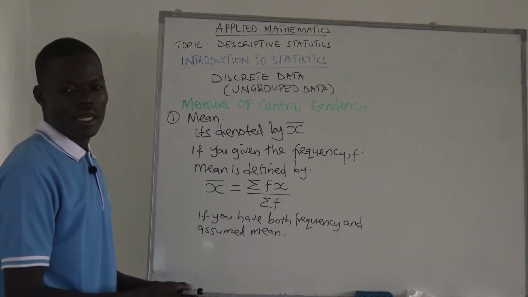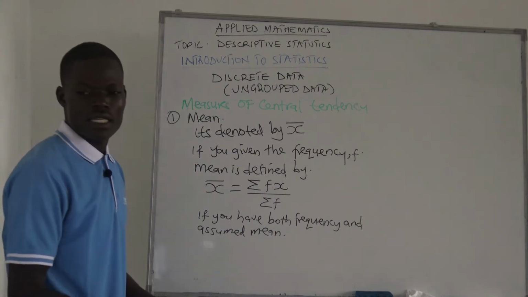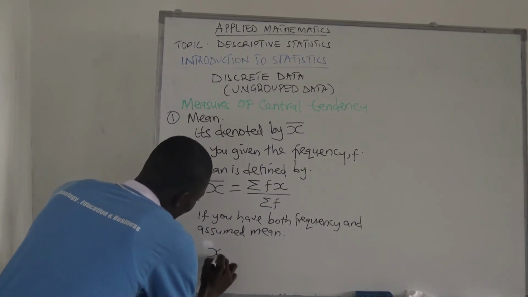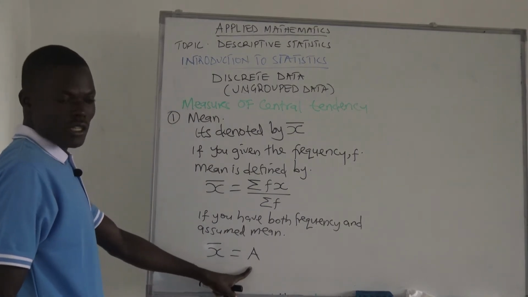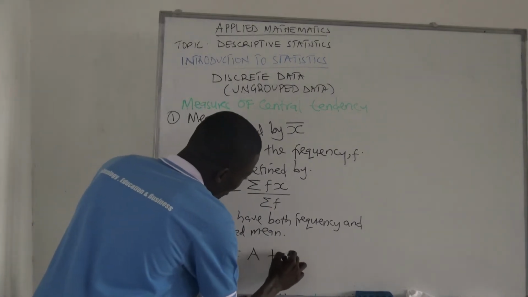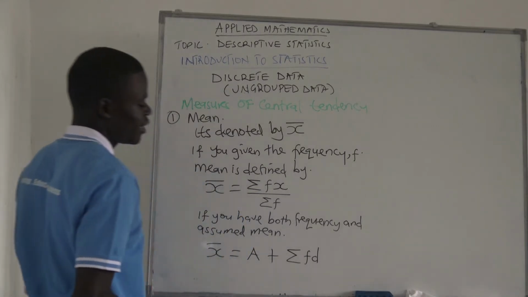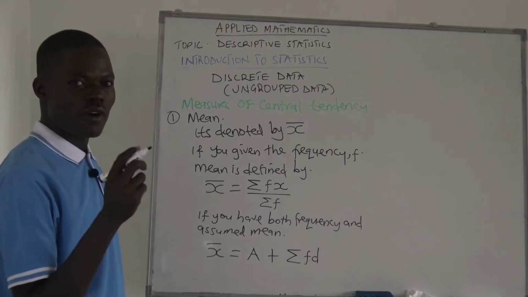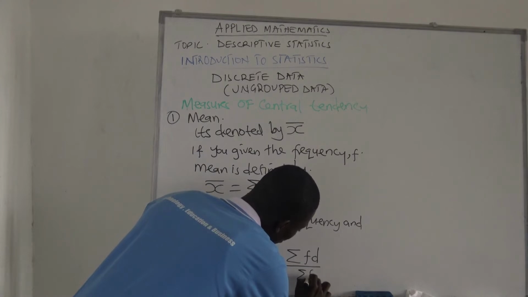So how do we define our mean? Our mean is defined the same way, but instead here we shall change our x bar, which is the mean, to be given by a, which is the assumed mean. We say the assumed mean is not affected by division. Plus, now here we shall instead have the summation of fd. There we were having the summation of f only, but here we shall have the summation of fd out of the summation of f.